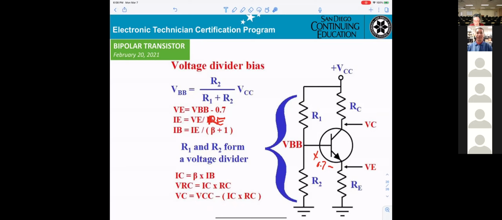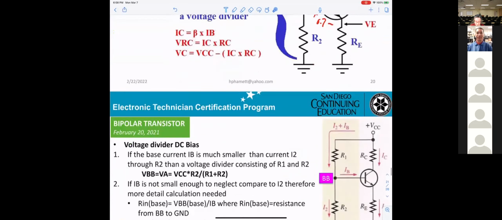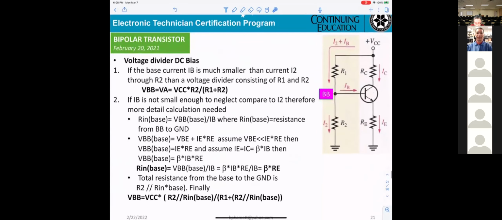If you want to calculate VCE, then that will be equal to VC minus VE. This is a very, very important configuration we'll be using all the time. So, any question on that? Okay, if not, this is voltage divider bias.